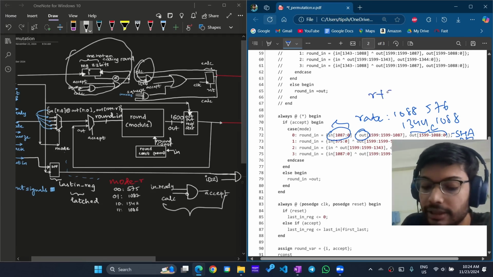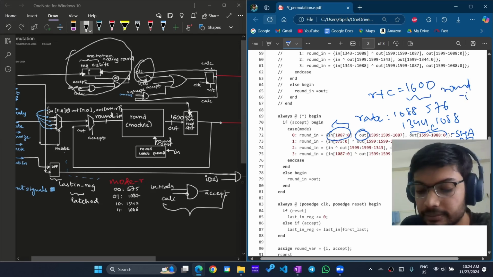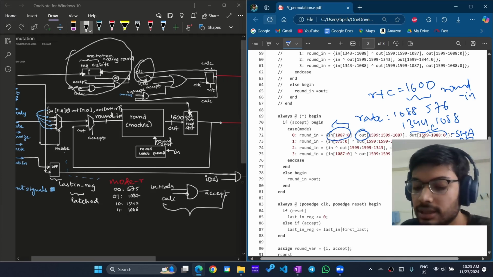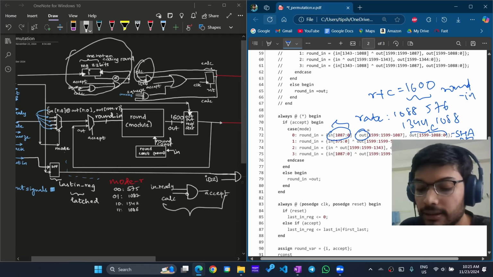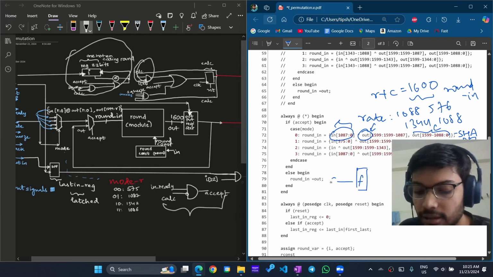R plus C totally gives 1600 bits, which are given as round in. So SHA3-256 takes 1088 bits of input and uses the other C bits from the output, and the output is also used to XOR with the input because SHA works like so.